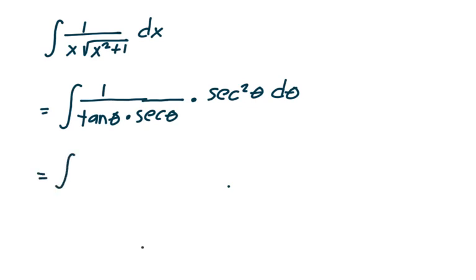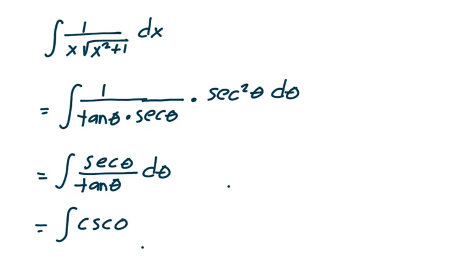And so this is the integral of secant theta divided by tangent theta d theta. But if we remember, I claim this is going to simplify down to the integral of cosecant theta d theta. Okay? And so this is equal to natural log of the absolute value of cosecant theta minus cotangent theta plus c.